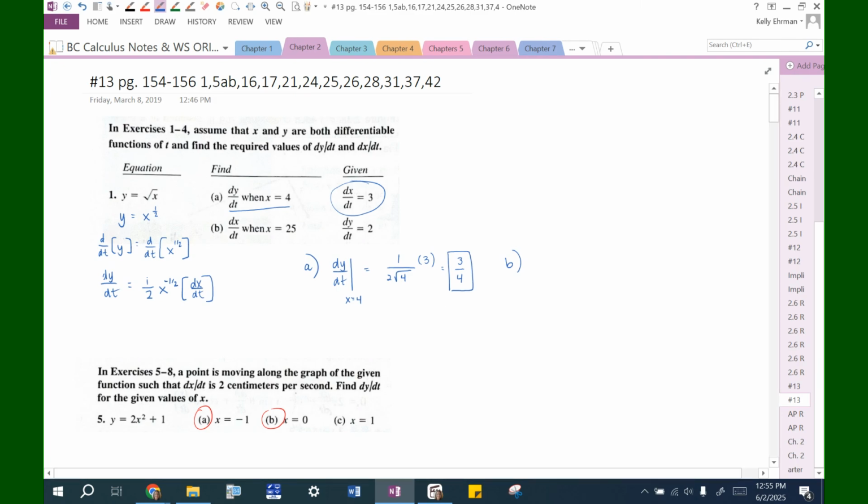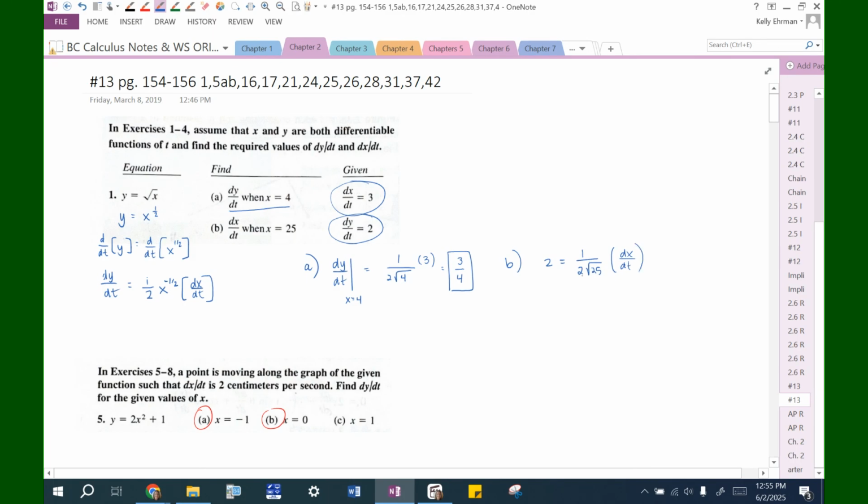Part B says find dx/dt when x equals 25, and now we're given dy/dt equals 2. So I'm using the same equation, I'm just subbing in different numbers. So 2 is dy/dt, that's equal to 1 over 2 radical x, x is 25, and then it's times dx/dt.